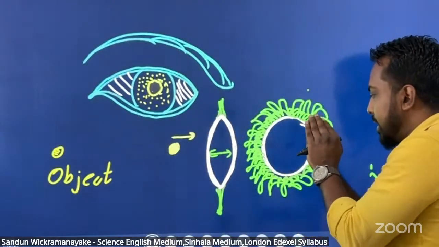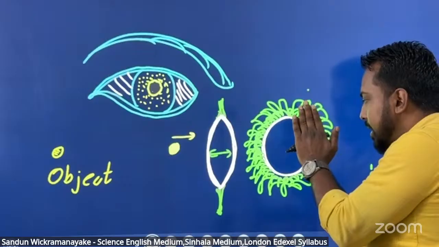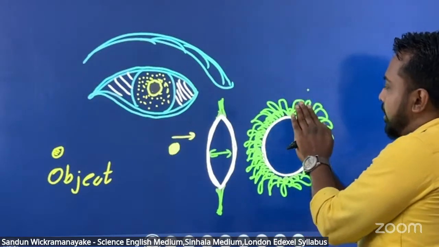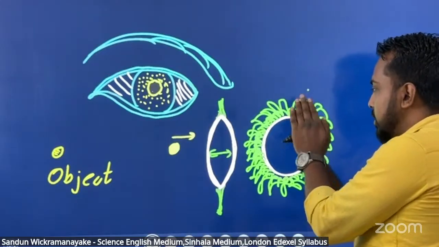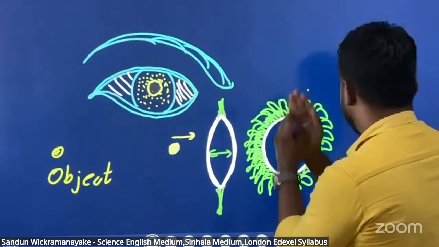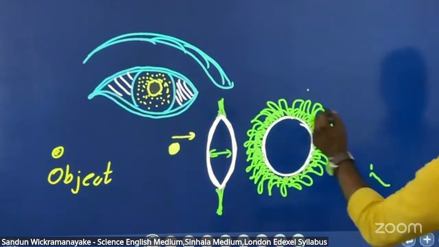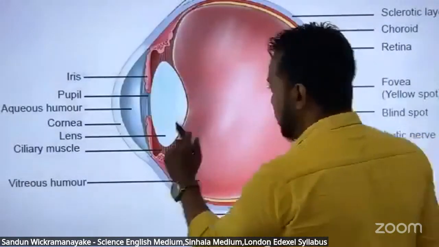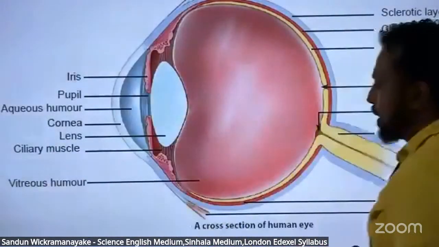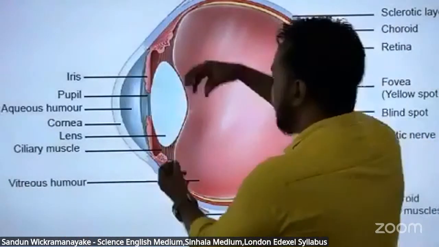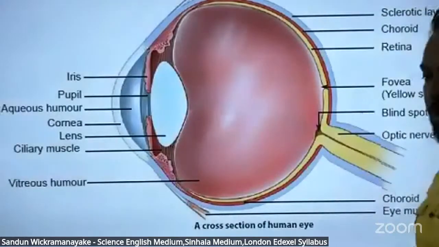And in that case, the shape of the eye lens is going to be like this. That's controlled by this muscle. Look at this. That one is called the ciliary muscle. Okay?